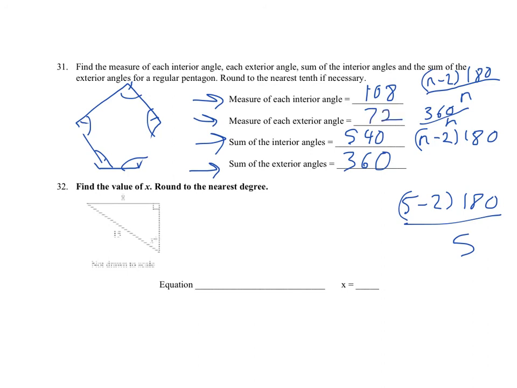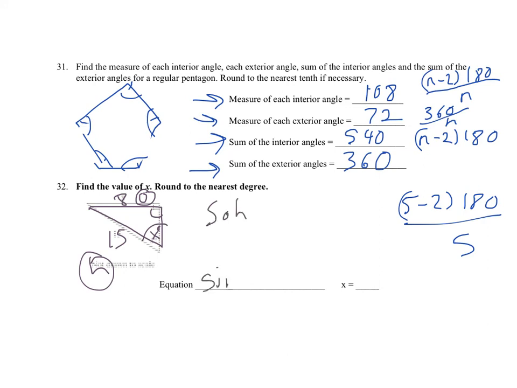And the last question in the review says that we have a right triangle, again, some SOHCAHTOA here. I have 8, I have 15, and I have an unknown angle measure which I'm looking for. This is the hypotenuse in relationship to my angle. This is opposite. So I'm looking for the sine ratio, OH.